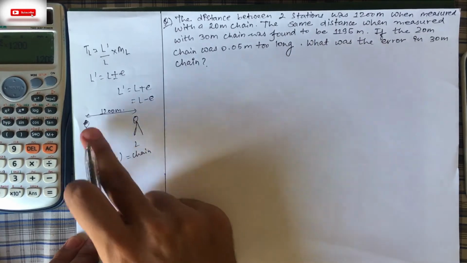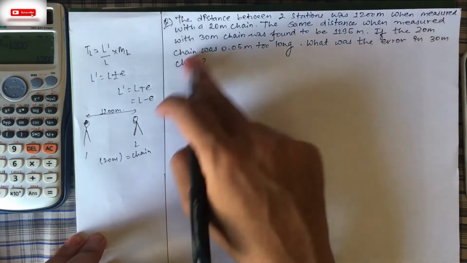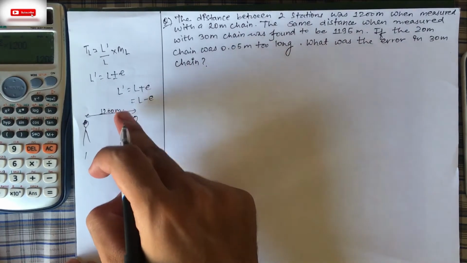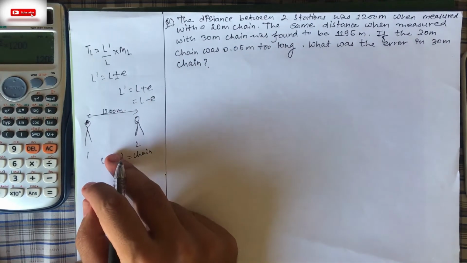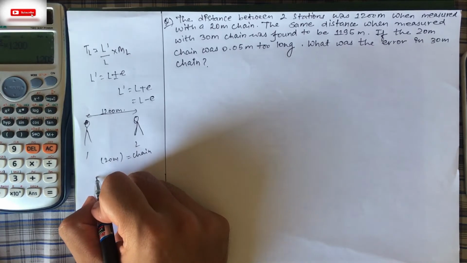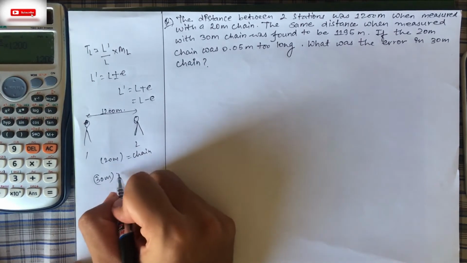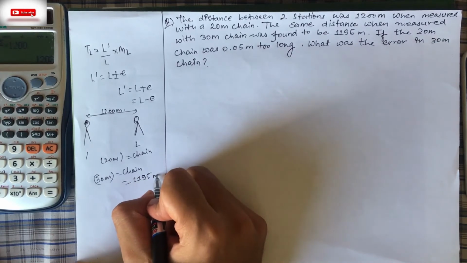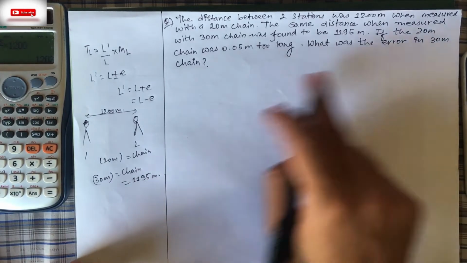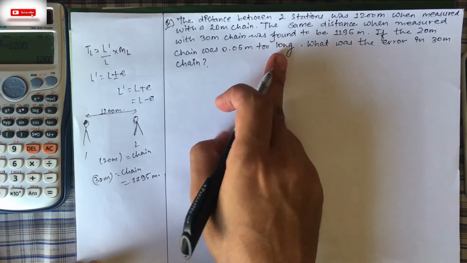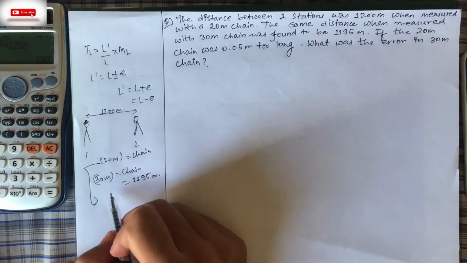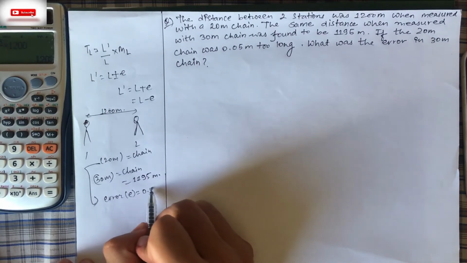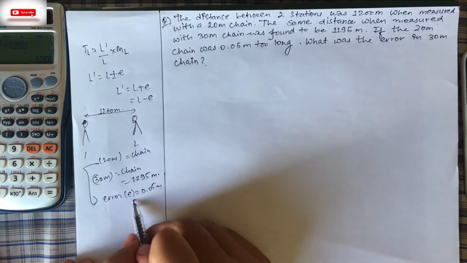The same distance when measured with a 30 meter chain, we found it's 1195 meter. If the 20 meter chain was 0.05 meter too long, okay, for the 20 meter chain, the error is E equals 0.05 meter too long.